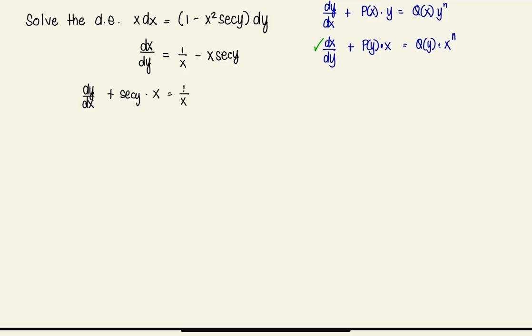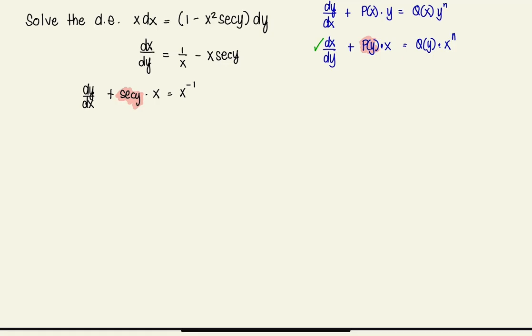And then we can determine now which term is p of y, which term is q of y, and which constant is n. First, p of y is secant y. And q of y, on the right side we have 1 over x, but 1 over x can be written as x raised to the power of negative 1.